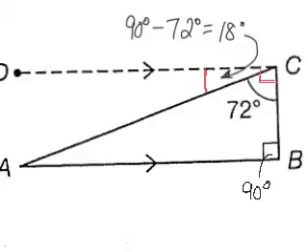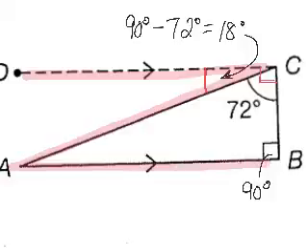We also know that if this angle is 18 degrees, just by that Z pattern, this angle here is also 18 degrees by alternating interior angles.